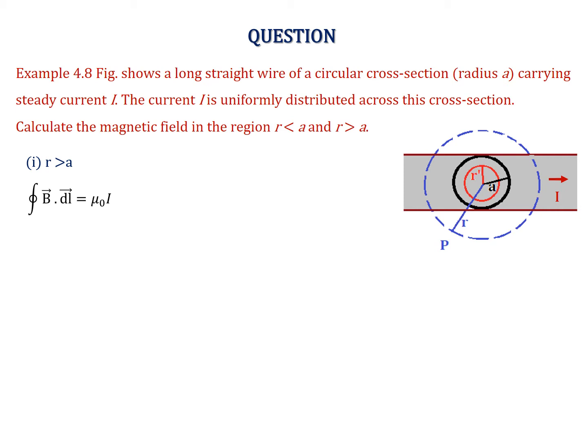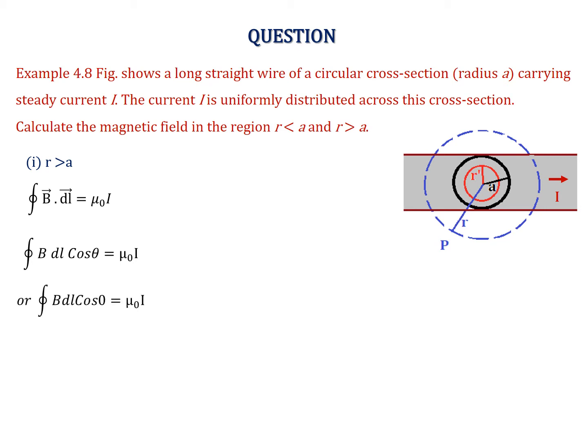When we evaluate this integral, we will first write integral of B dl cos theta as mu naught I. Theta is 0 because due to a straight conductor, magnetic field around it will be parallel to the closed loop at any point. Hence, theta will be 0.